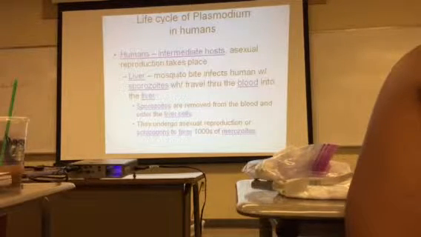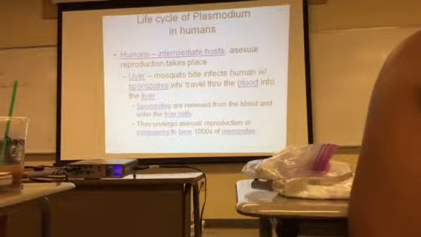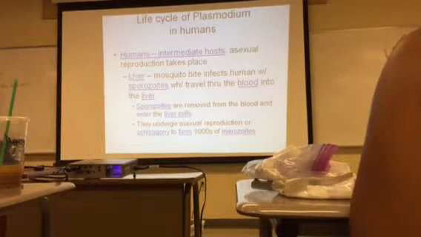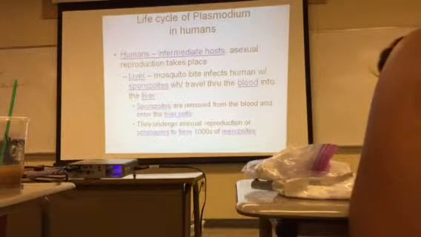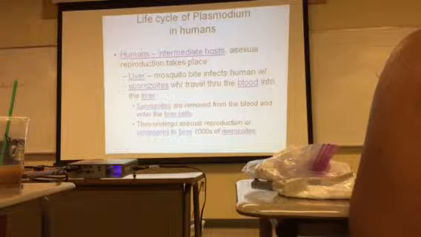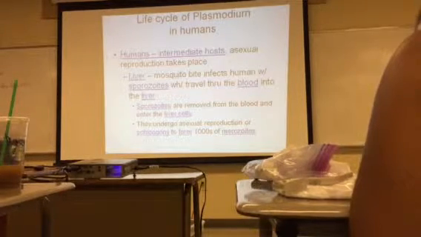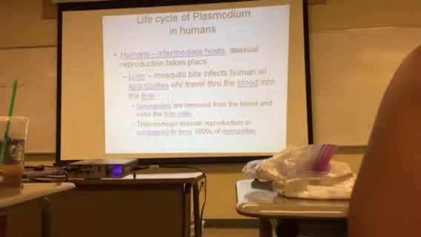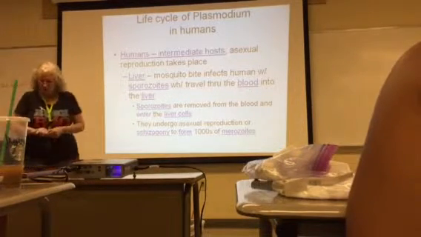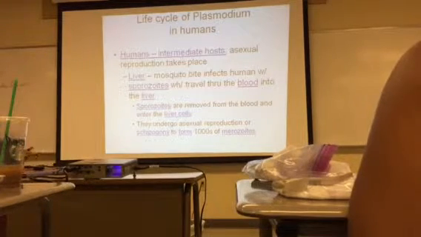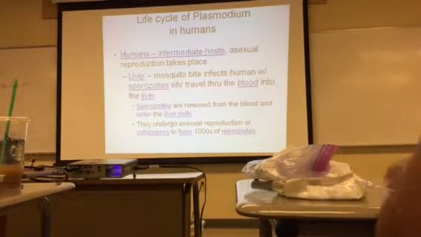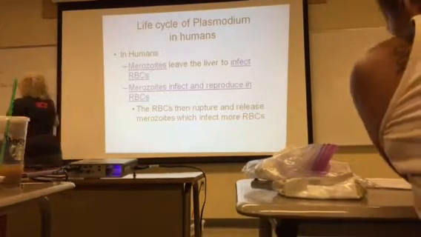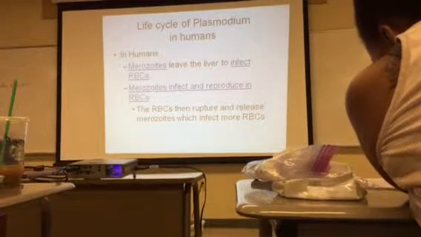And it's going to form thousands of these merozoites. Both the sporozoite and the merozoite are a type of trophozoite, which is the active eating stage. So these merozoites are going to go out and infect red blood cells.